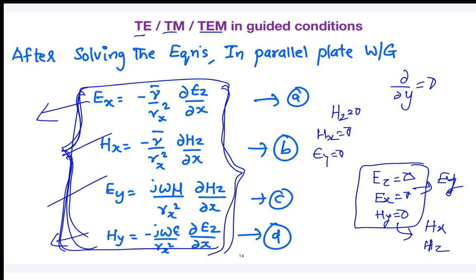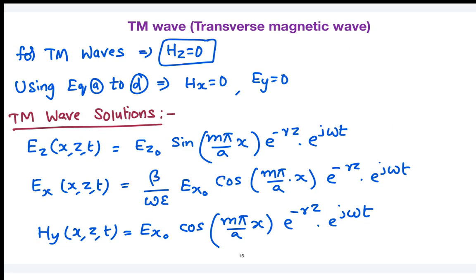So you will have a magnetic field of Y component and electric field of X component. Yeah, you can see here, that is the same thing. You will get a magnetic field in Y direction and electric field in X and Z direction. These are the equations, and when you solve them you will get the result, but it is not required to memorize anything.